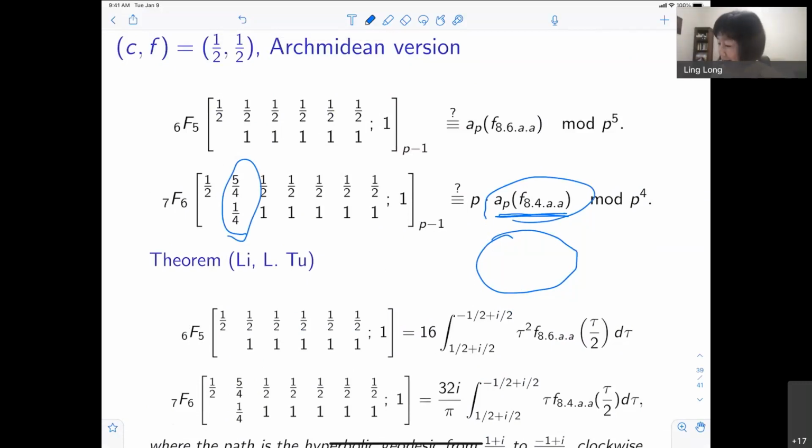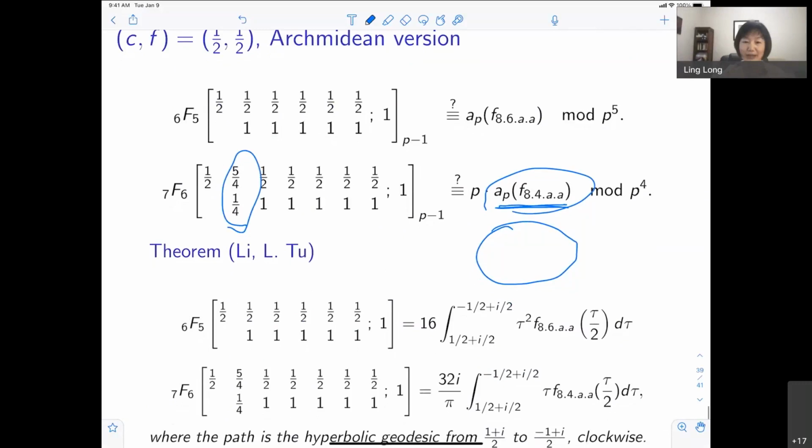And I would like to just mention that it's very compatible. Everything's so compatible. If you go to the untruncated version, then Fonseca and I were able to verify that they are actually an explicit period of the modular form. So this computation looks kind of arbitrary.